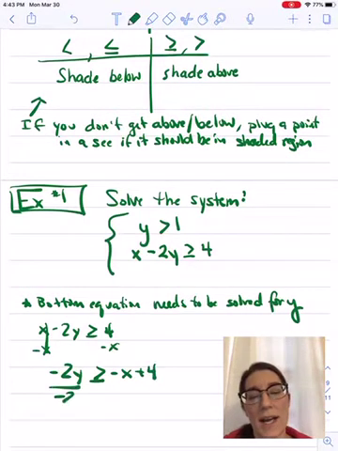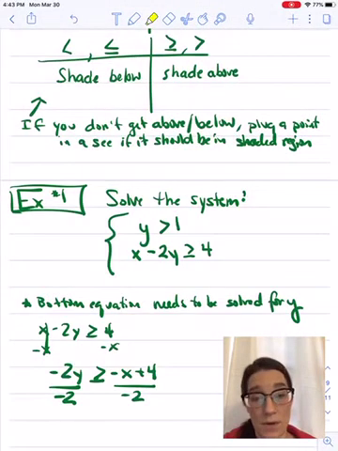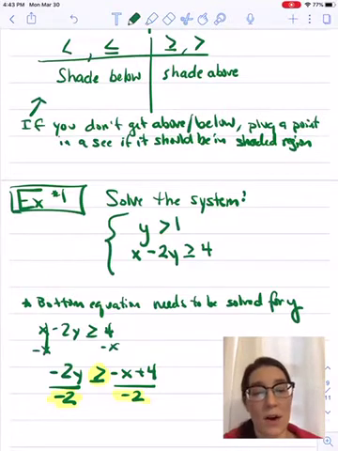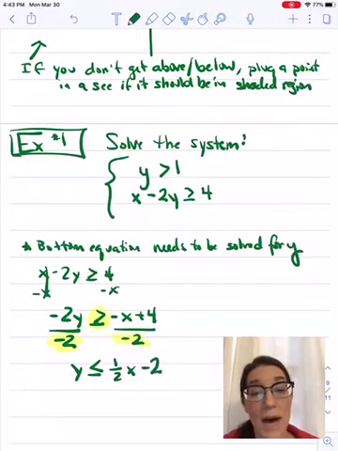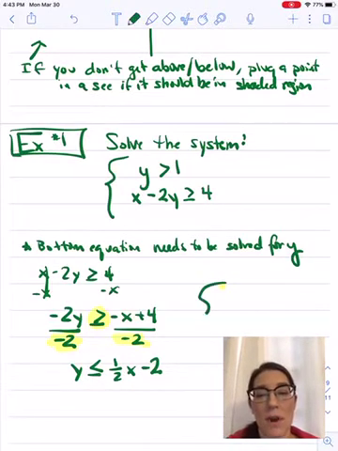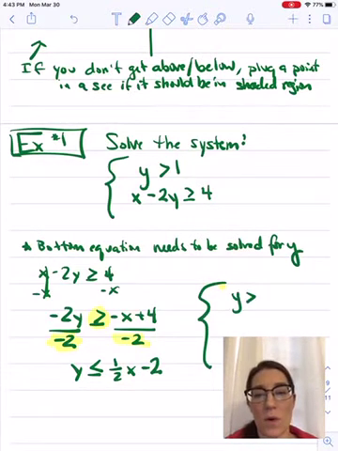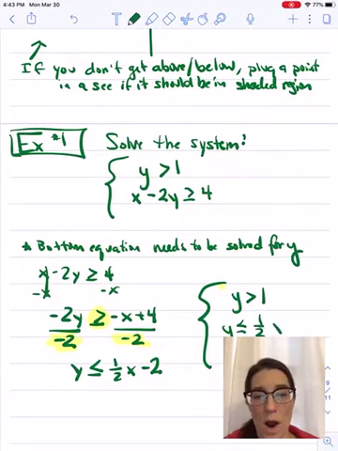And when you divide everything by a negative, don't forget, you flip the inequality symbol when you divide by a negative number. So that greater than now becomes a less than symbol. So we get y is less than or equal to positive 1/2 x minus 2. Be careful of those negatives. I'm just going to rewrite that bottom one so it looks nice and solved for y.